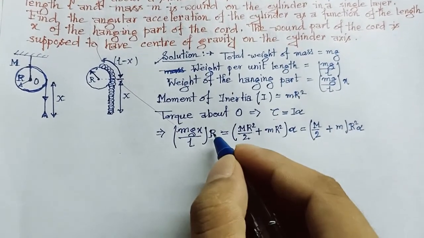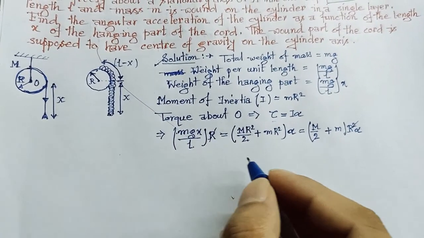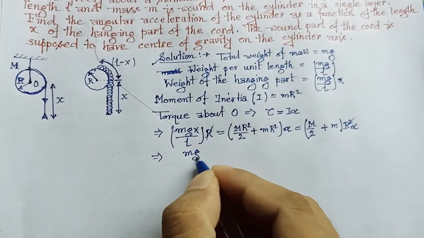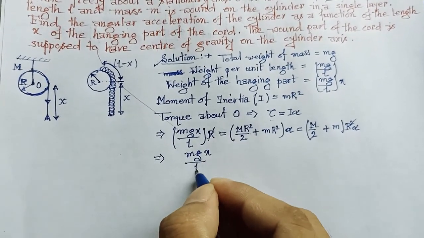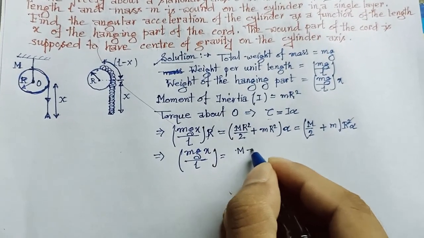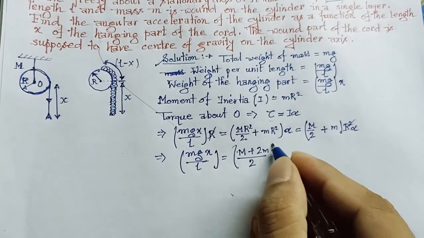So from this equation this r and square of this r will cancel out. So after cancellation we can write mg x divided by L will be equal to M plus 2m divided by 2 into alpha.